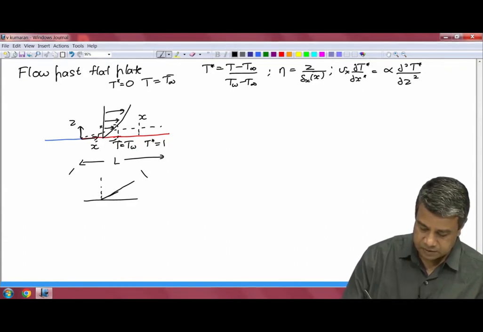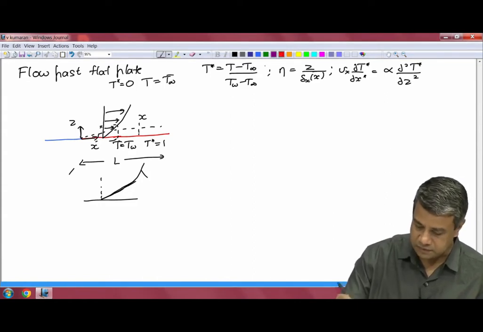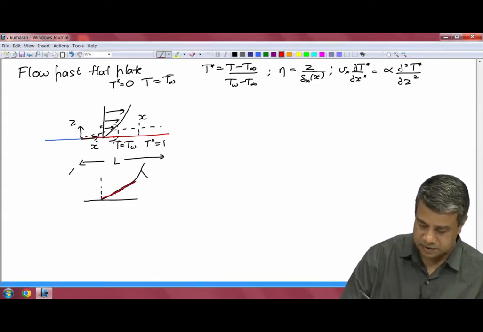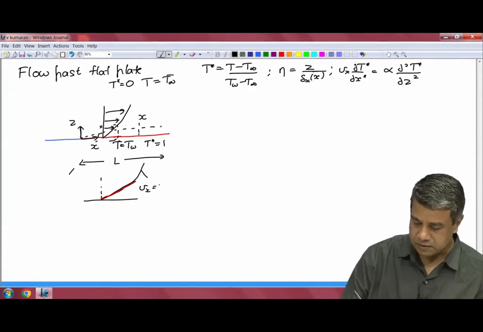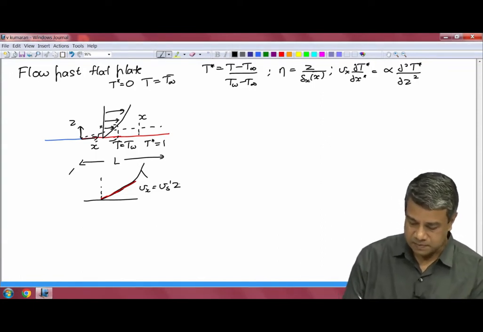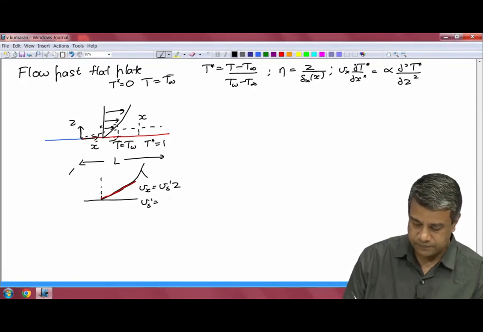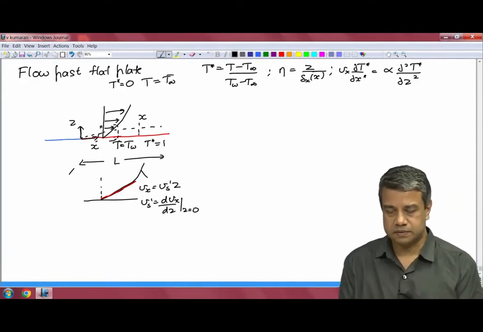So, even though the velocity has a curvature close to the surface, we can assume a linear function of distance from the surface. That is, Vx is equal to Vs prime times z, where Vs prime is the strain rate at the surface.